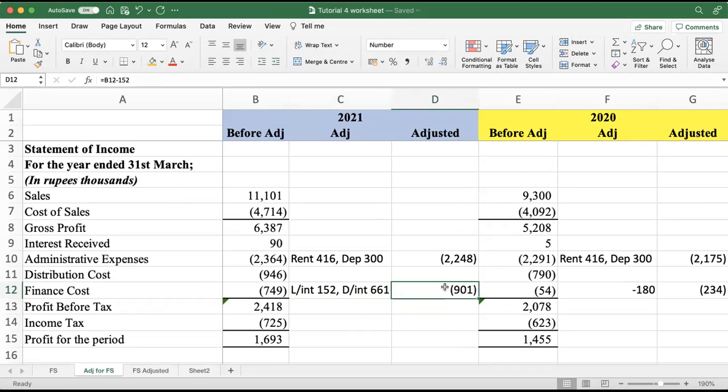So you need to add 661. Finance cost increases by 661. Adjusted finance cost, 1,562.